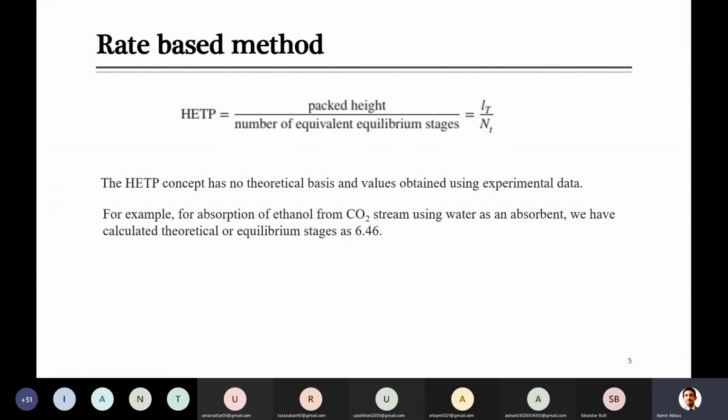For example, earlier we discussed or solved a problem, although our solution was a bit different from this. In the book there is an example, I think 6.1, in which you remove ethanol from a carbon dioxide stream, and the absorbent was water there. You calculated the equilibrium stages needed for that separation.